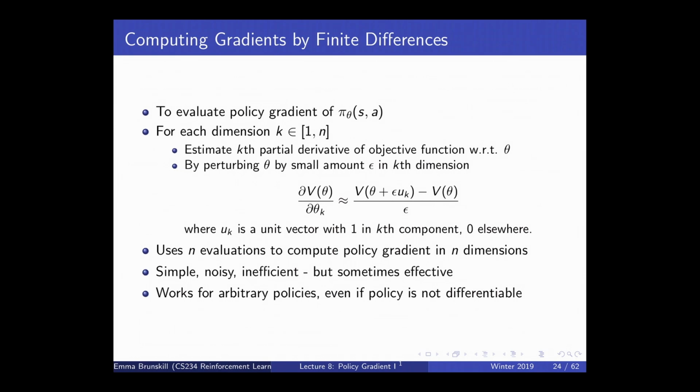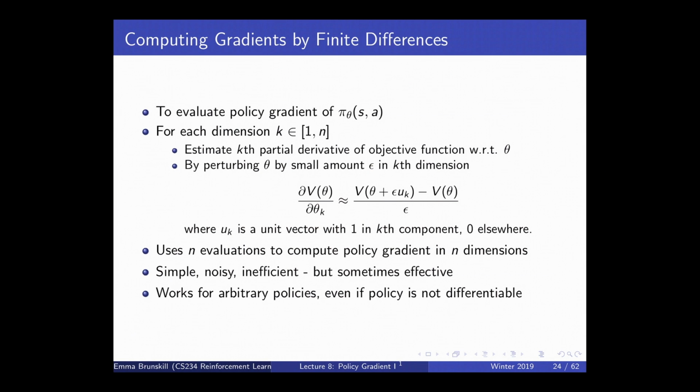You can use a certain number of evaluations in each case. Let's say you have a k-dimensional set of parameters that define your policy. You try changing one of them a little bit, you repeat it, and you get a bunch of samples for that new policy. You do that for all of the different dimensions, and now you have an approximation of the gradient.